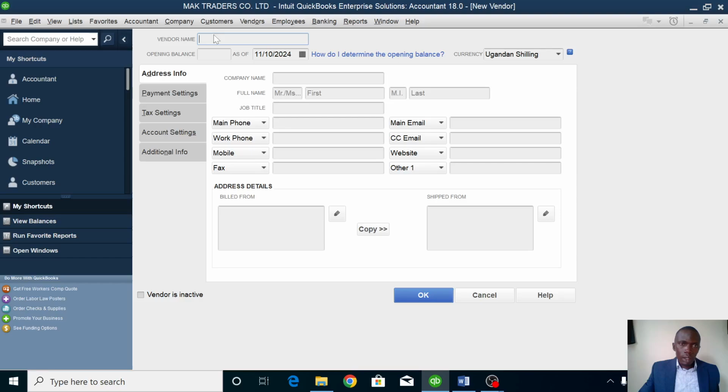Our first vendor is Cover Resistors. Our opening balance is 1,700,000. Our opening date is 1st of January.